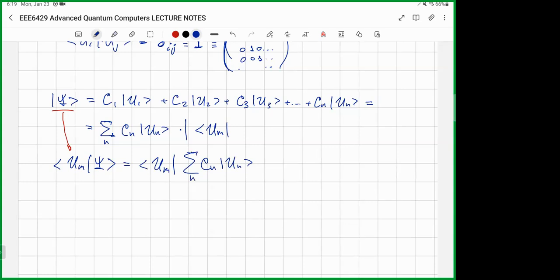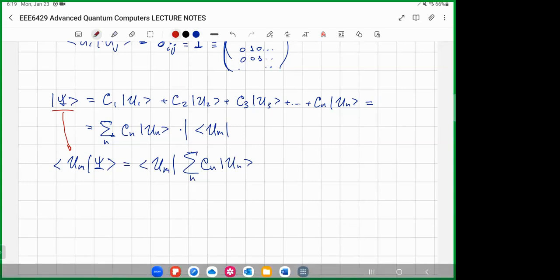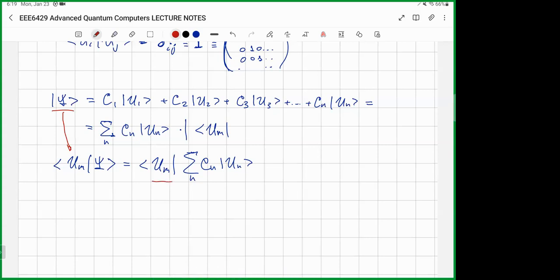So the product of a vector by a sum, a series, is equal to the product of the vector by every term in the series. So it's equal to the sum, and cn is a constant, so I can take it out, cn, and then we have this inner product, um un, right?